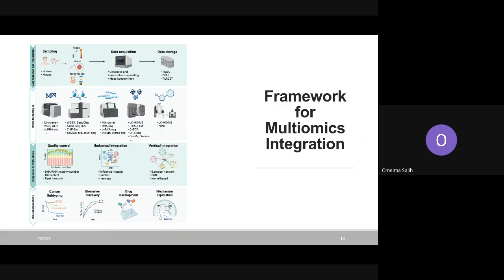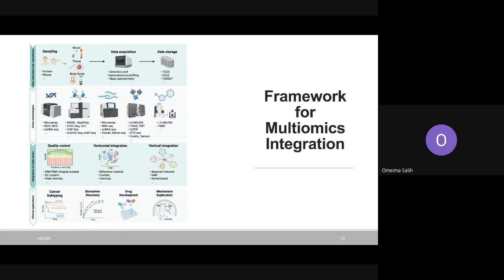So you either have horizontal integration or vertical integration. Horizontal integration means that you are studying different types of cells, and getting the data from the different types of cells at the level of proteomics.